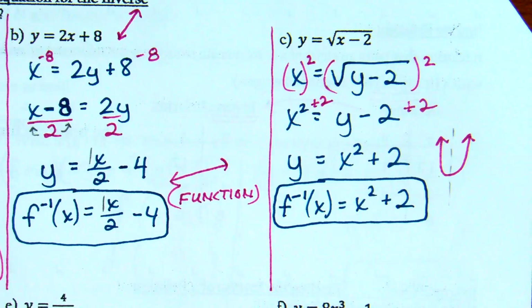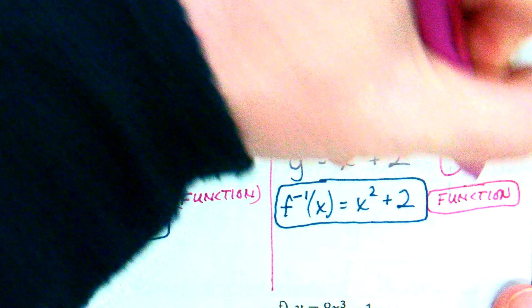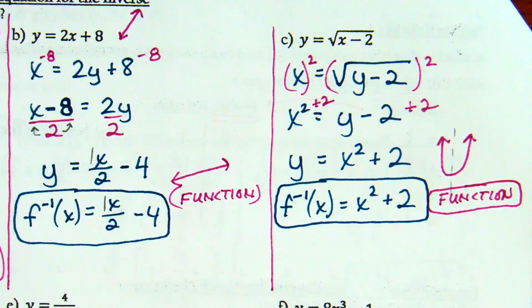Okay, if I plug in, say, 2. 2 squared is 4, plus 2 is 6. Is there any other answer I could get after I plug 2 in? 2 is only going to get me an answer of 6, right? What if I put in negative 2?